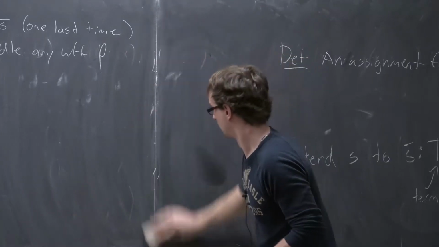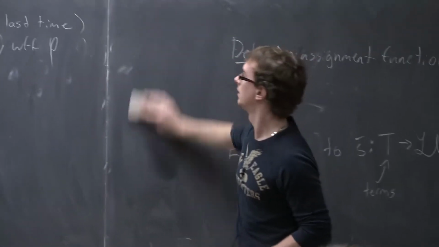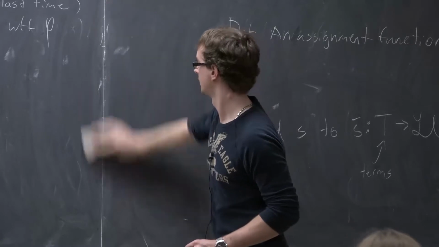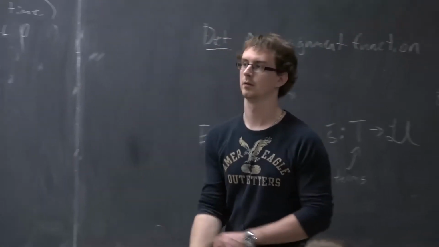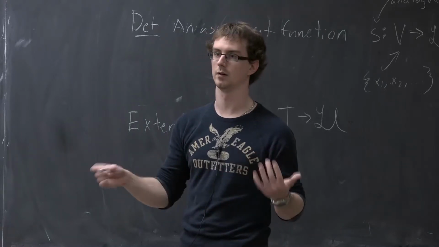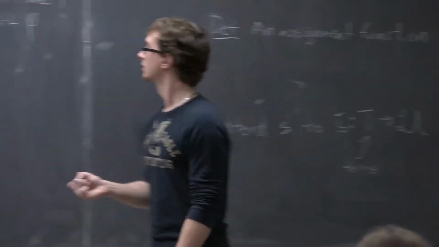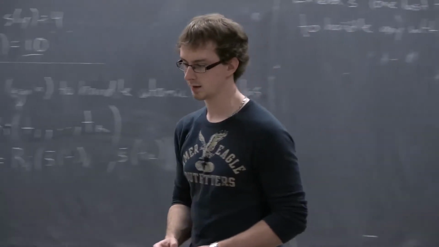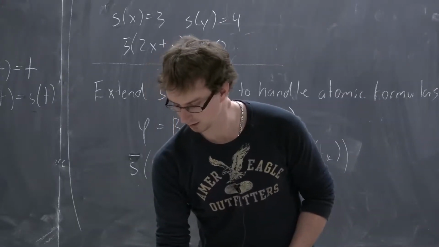So what do we know about phi? Well, we know the operations that it's built up on. So again, we're just going to use structural induction and look at all of the cases. The first few cases should be fairly obvious.